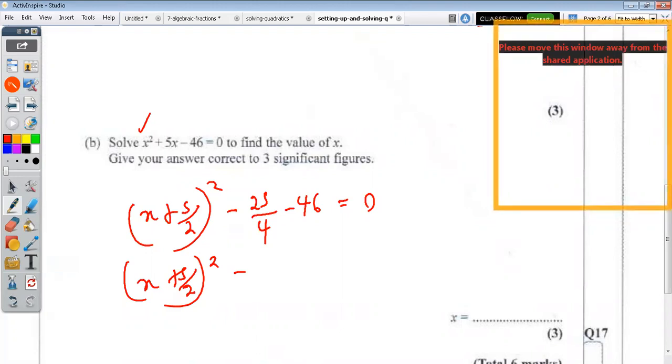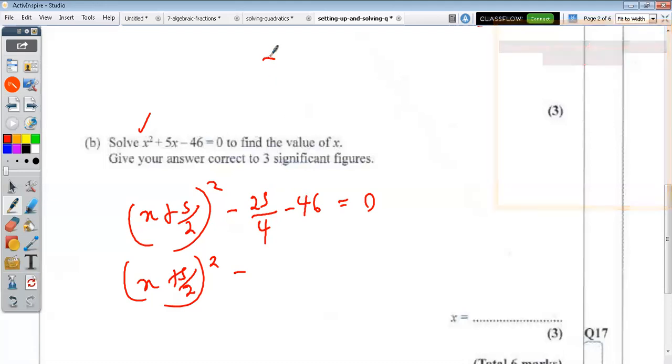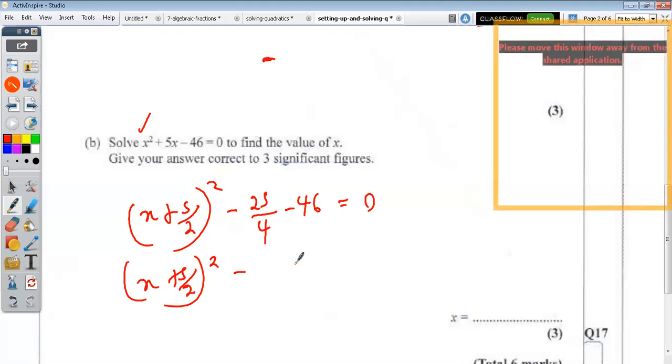Remember I'm saying for the negative here, negative 25 over 4 minus 46. What is your calculator giving you, an improper or mixed fraction?